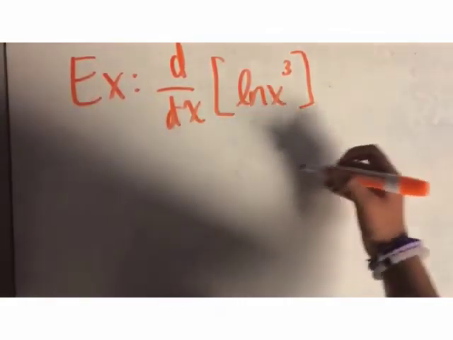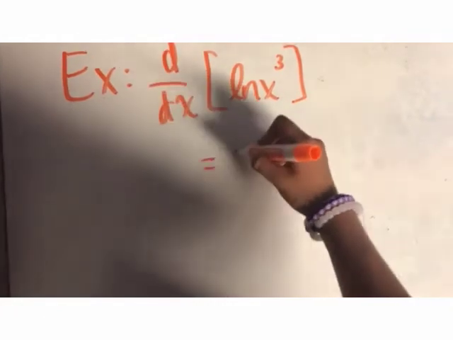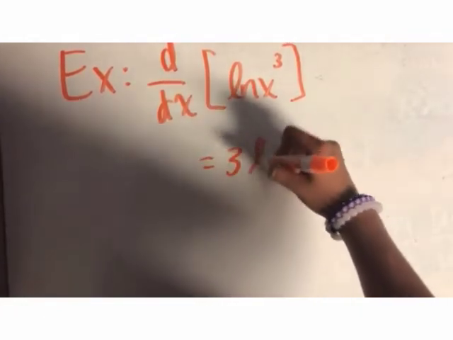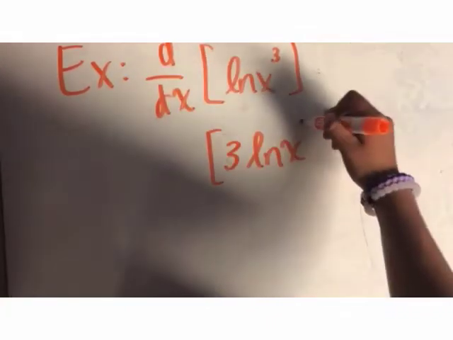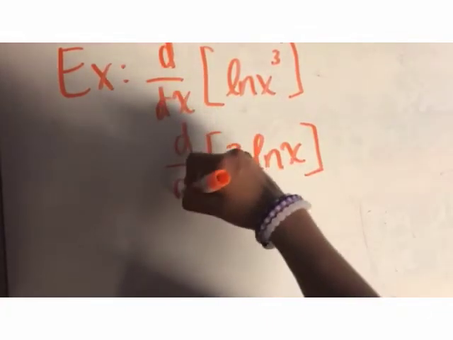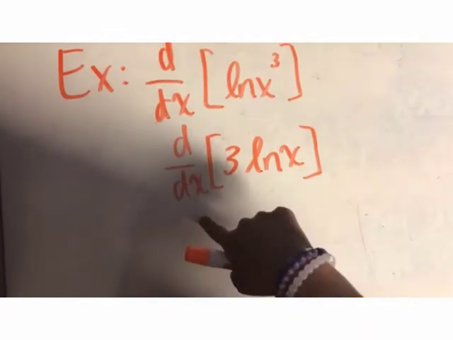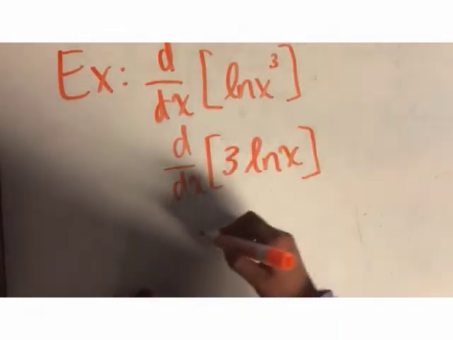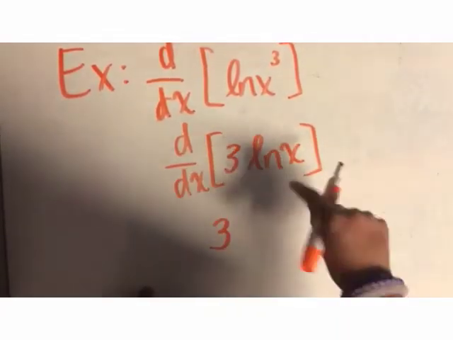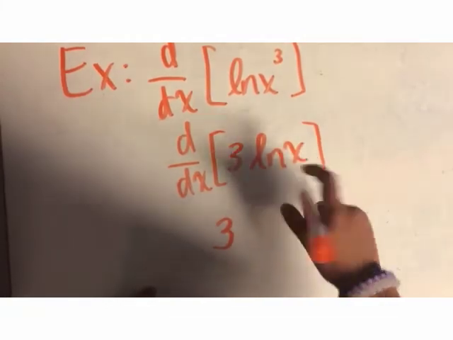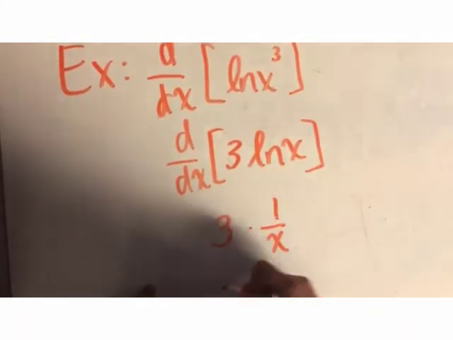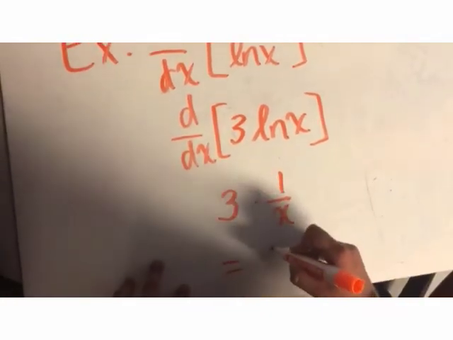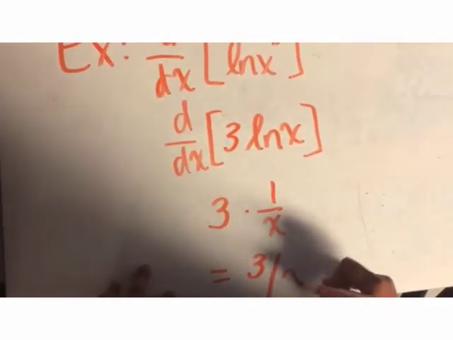So my answer then is going to be 3 ln of x, and I still have to take the derivative of this entire thing. So with that being said, I can pull out the 3, and I know the derivative of ln of x is 1 over x. So my final answer is going to be 3 over x.